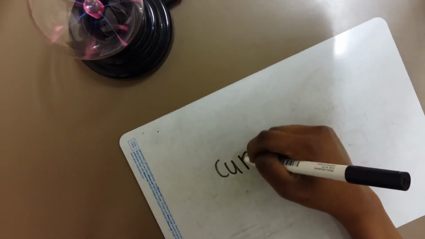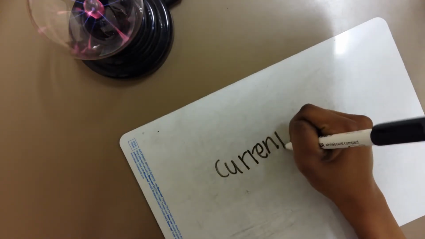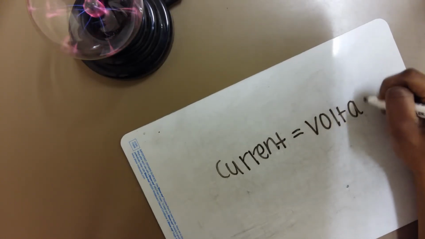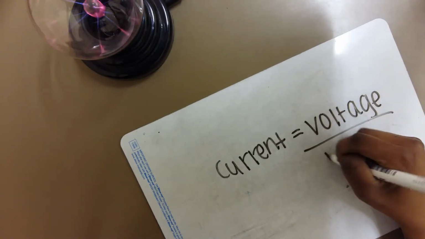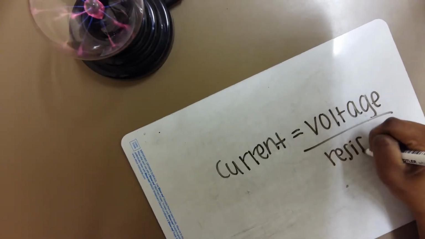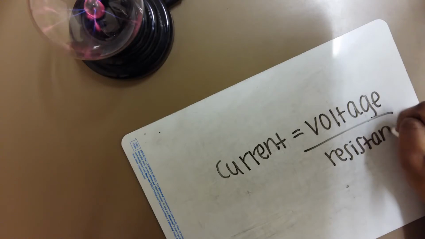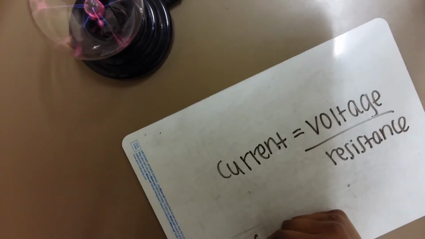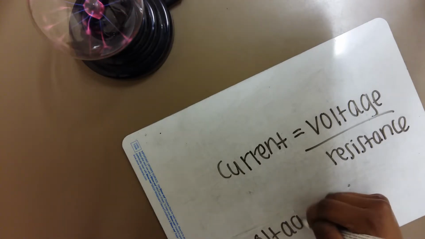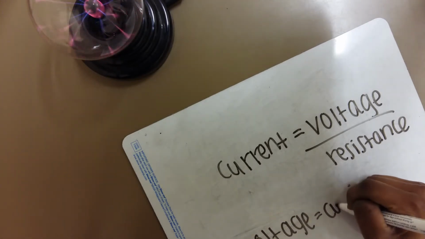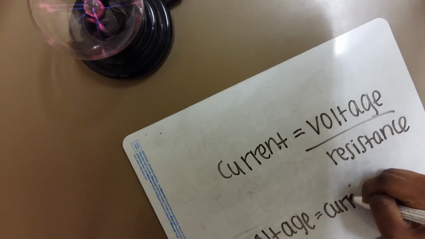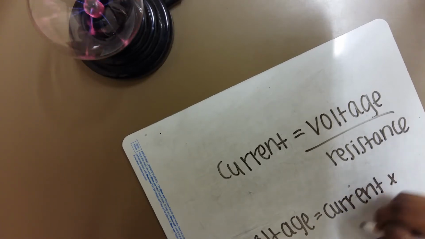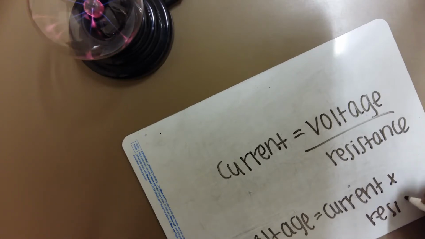current equals voltage over resistance, which is basically rearranging the equation voltage equals current times resistance.